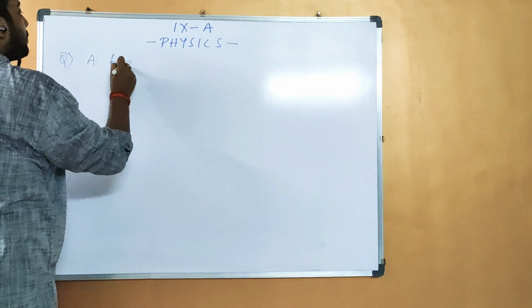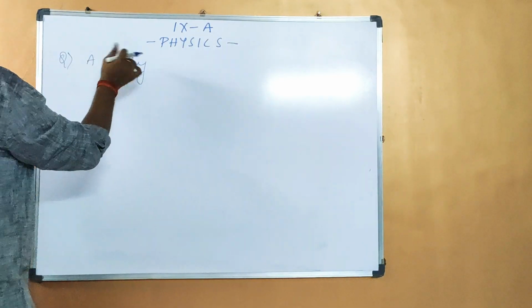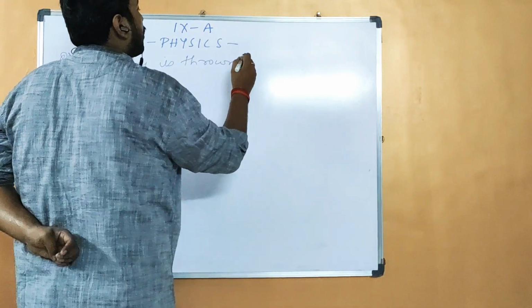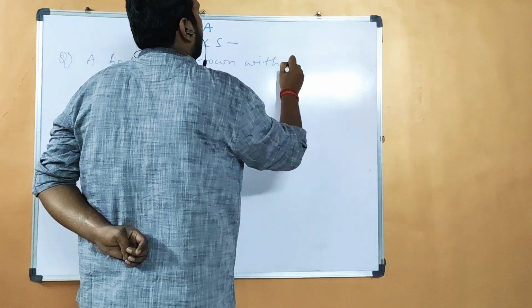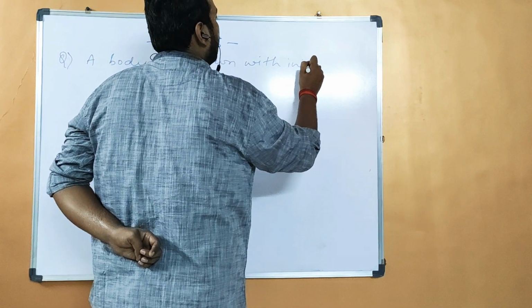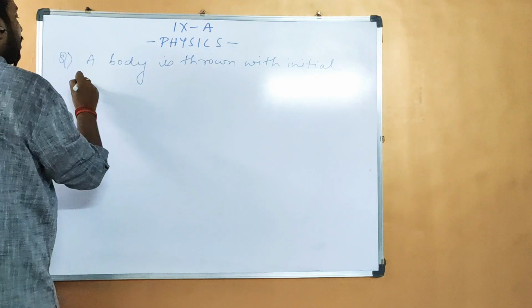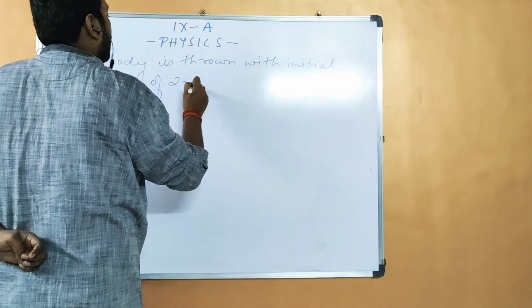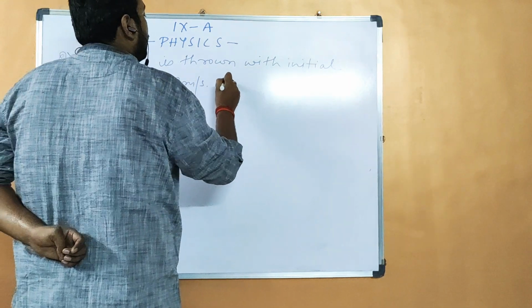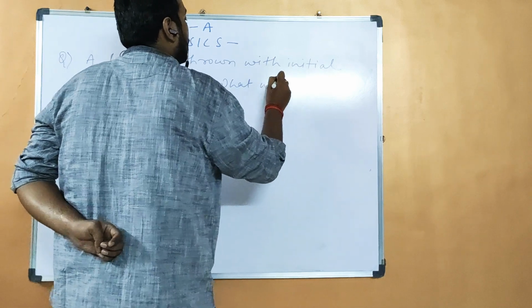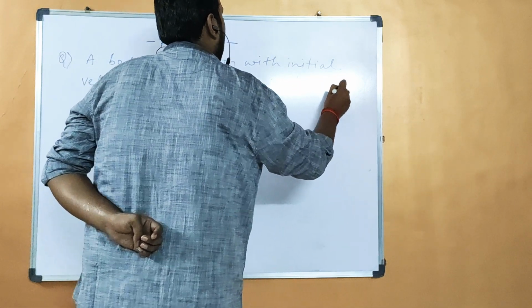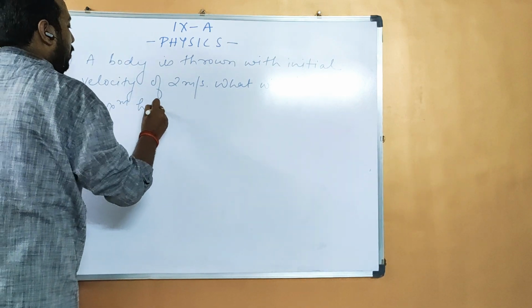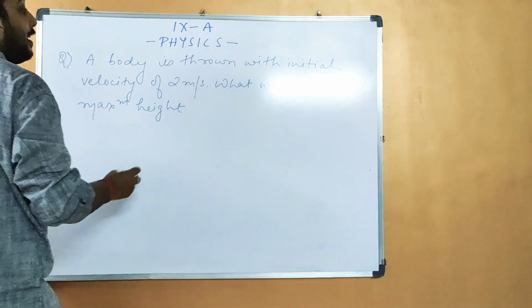A body, we can assume a ball, is thrown with an initial velocity of 2 meters per second. What will be the maximum height?